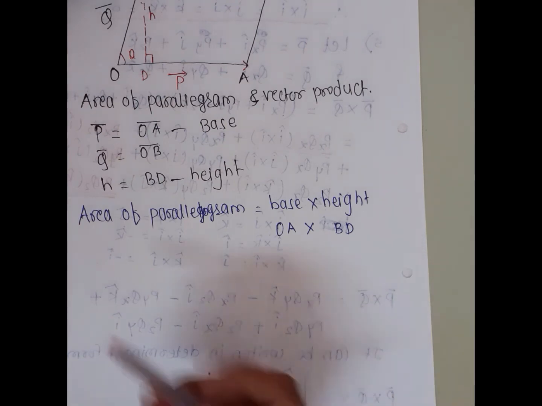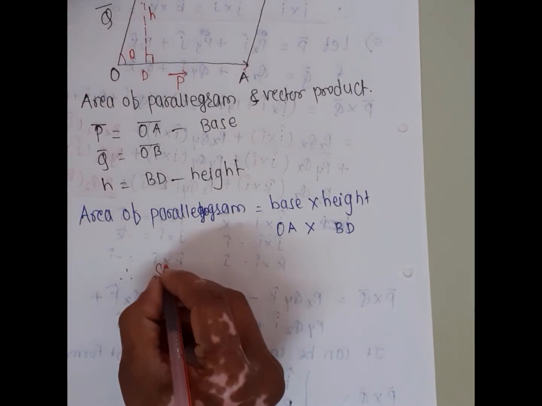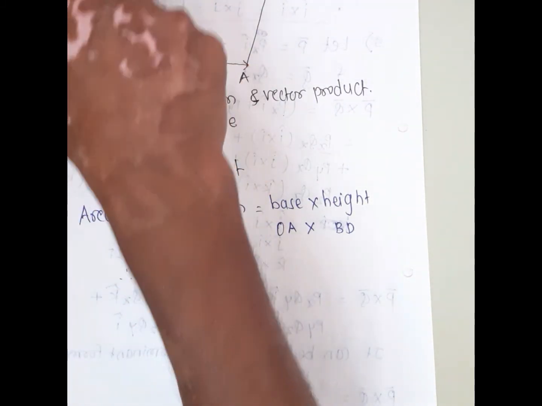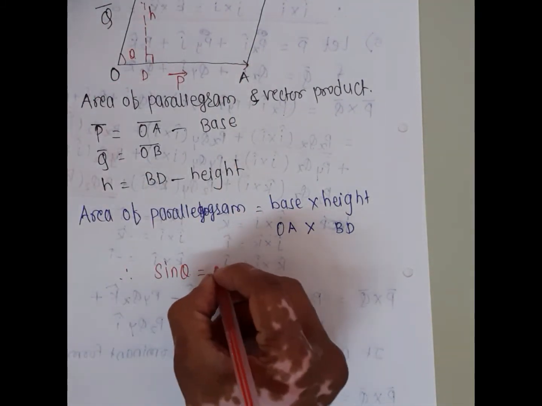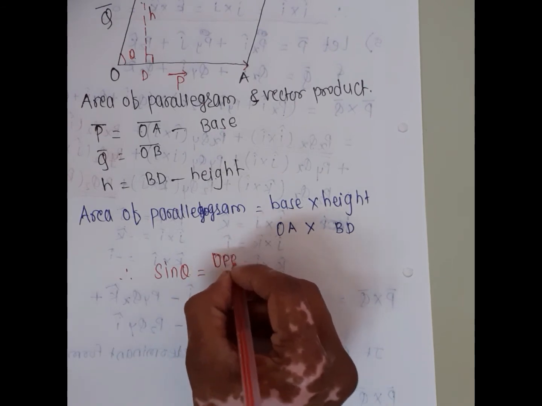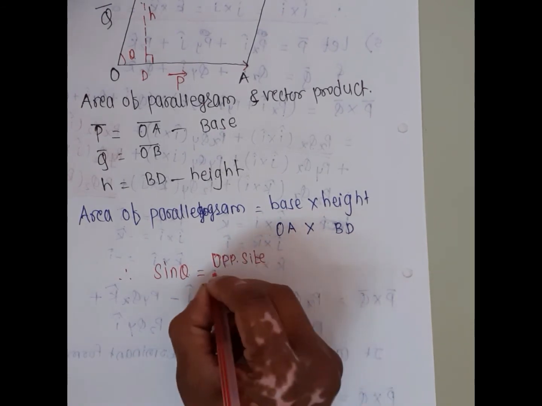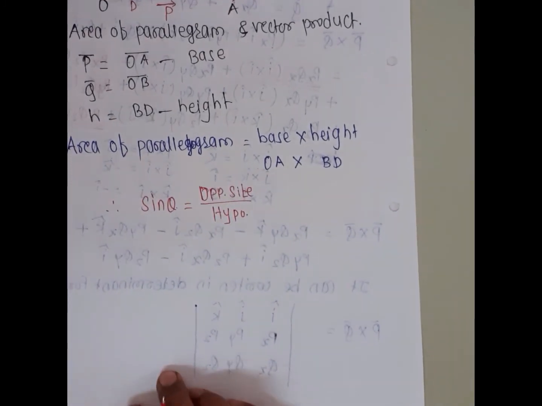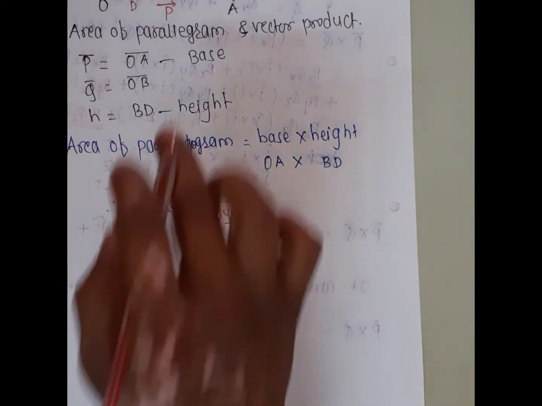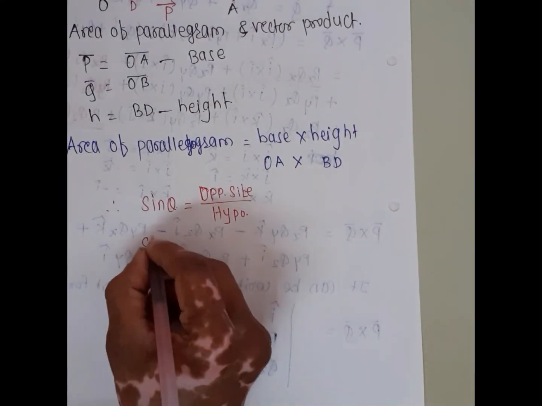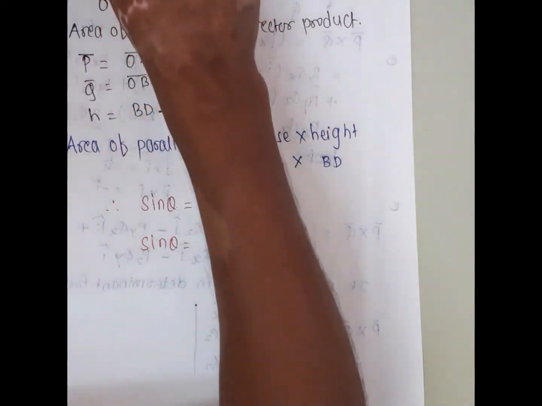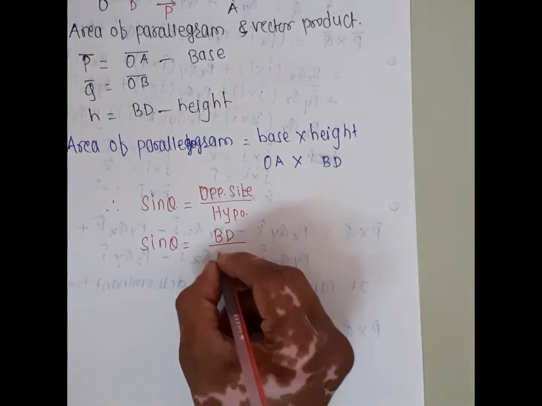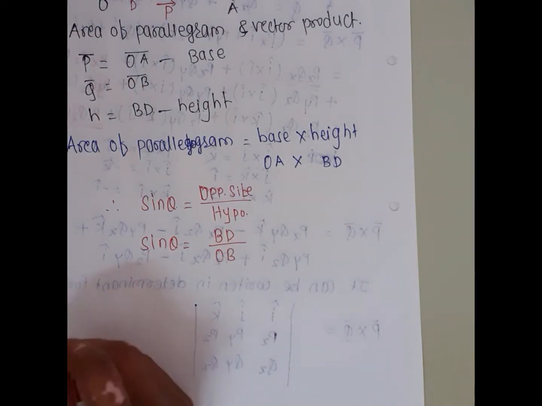Therefore, according to this angle, sin theta is equal to opposite side upon hypotenuse. The opposite side is BD and the hypotenuse is OB, so sin theta equals BD upon OB.